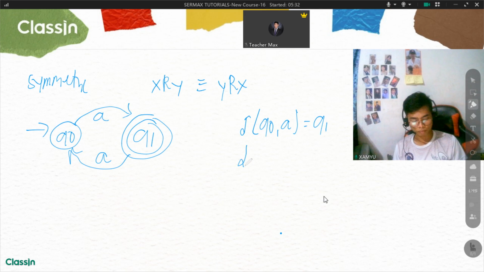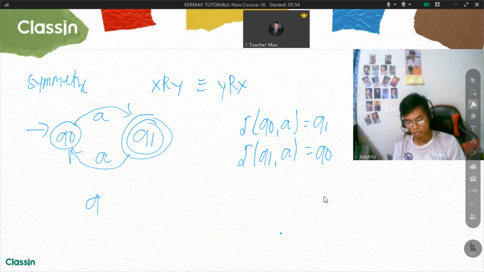And for Q1, input A, there must be Q0. So they are reflexive. Since they have a relationship in terms of A, they have the same equivalence actually. So that's how we define that one. Then we have another.